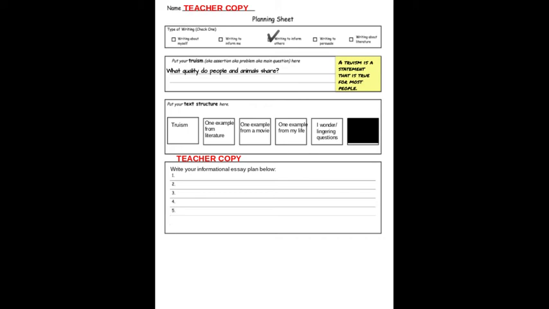Now, this is my sample. So I want you to come up with your own quality when you work on your planning sheet today, but I'm going to give you an example. Here's my truism. One quality shared by both people and animals is compassion. What does it mean to be compassionate?